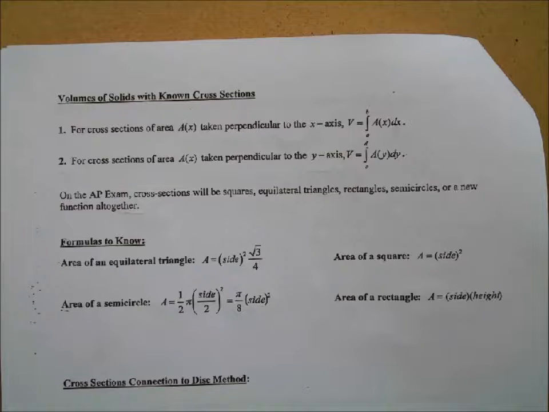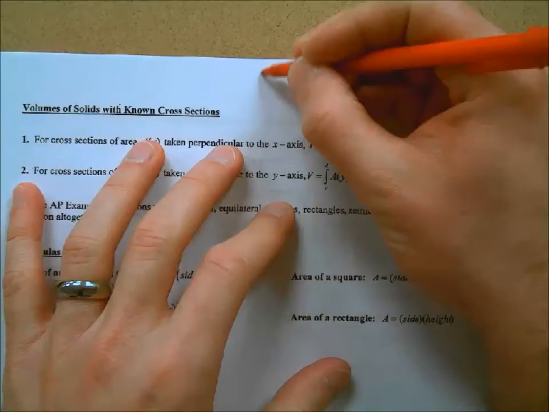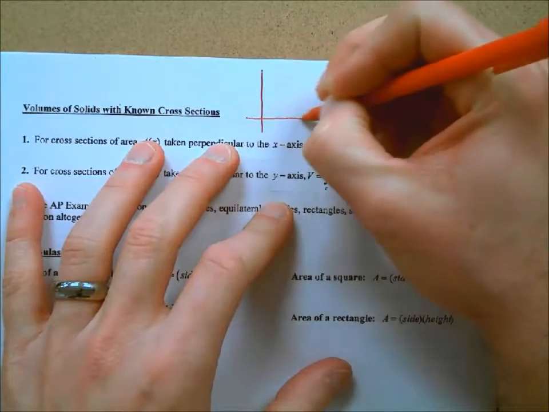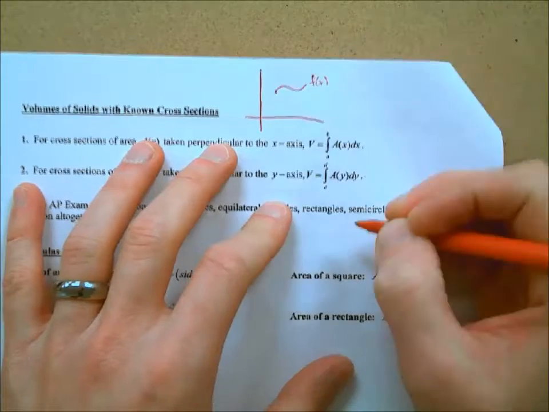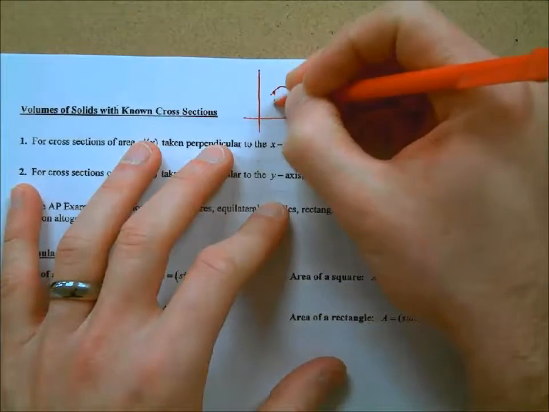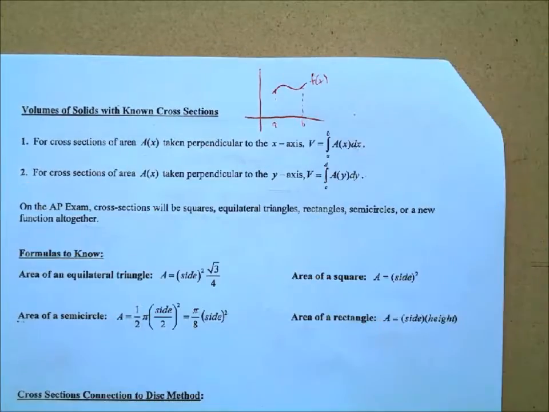Today we're going to be continuing looking at how we can find the volumes of three-dimensional solids using calculus. Up to this point, we have been starting with a curve, like a function f of x, and we're interested in a particular, finite region from a to b.